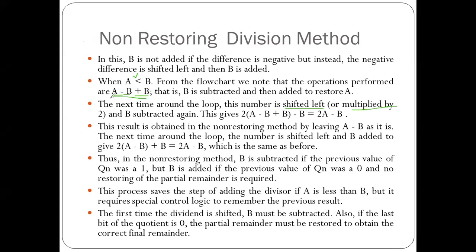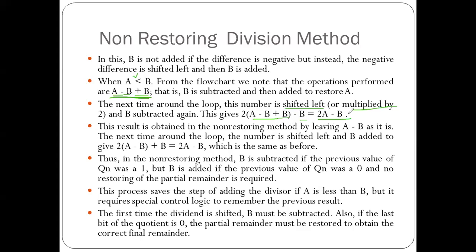So this value, A minus B plus B, is shifted left, multiplied by 2. After that, again we are subtracting the divisor from the partial remainder, so we will be getting 2A minus B.